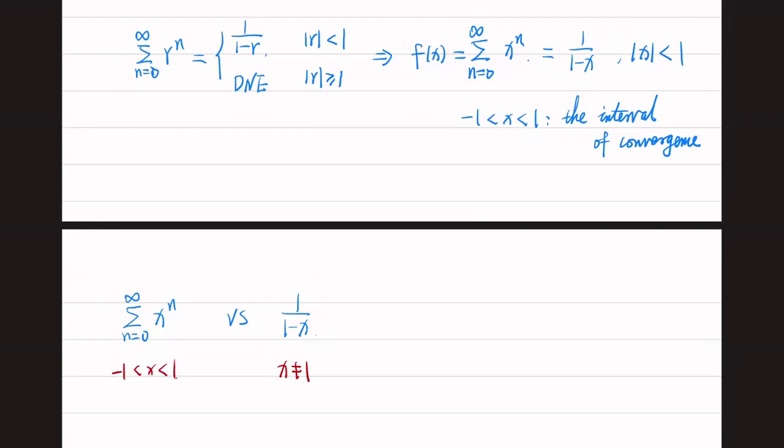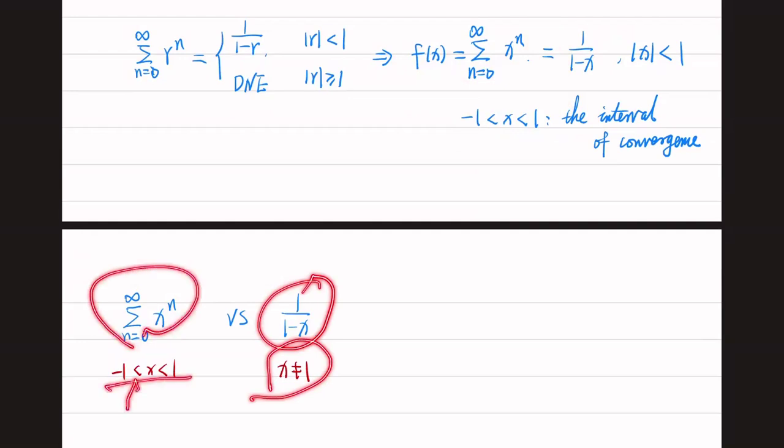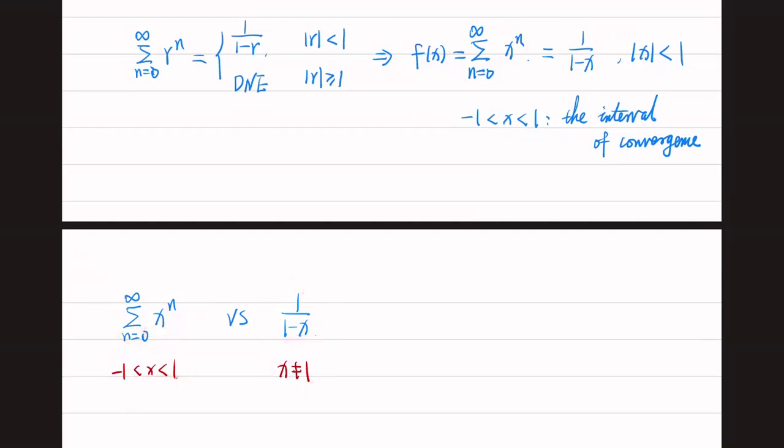Okay, so can we see the difference between these two? Here we see they are equal. However, this one has a much larger domain. This one has a much smaller domain. They are equal on this domain, but if x equals 2, this one is defined as -1.